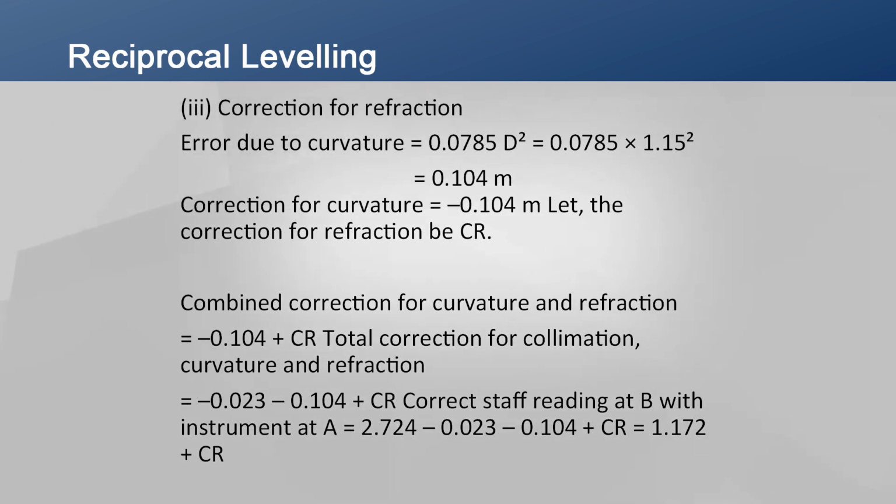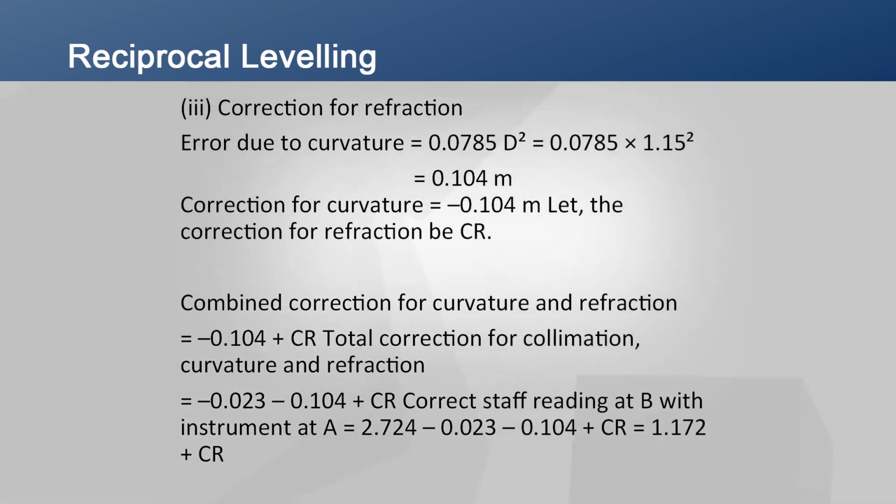Let the correction for refraction be CR, so the combined correction for curvature and refraction would be equal to minus 0.104 plus CR. So, the total correction for collimation, curvature and refraction would be minus 0.023 minus 0.104 plus CR, that is the correction for refraction.